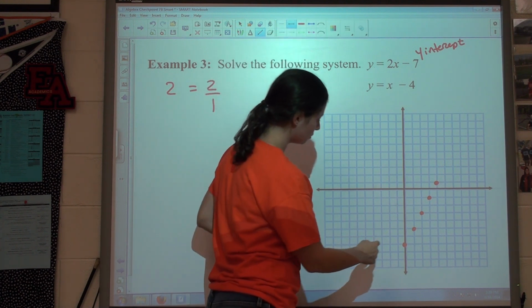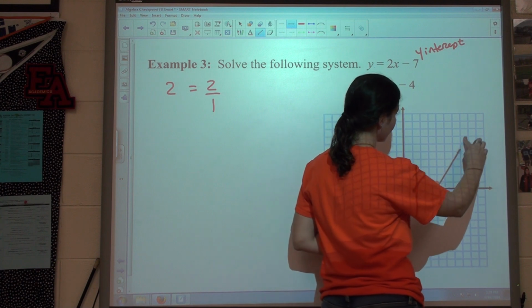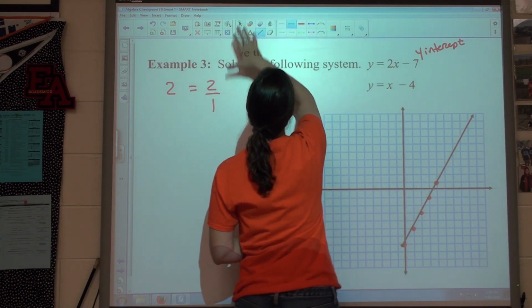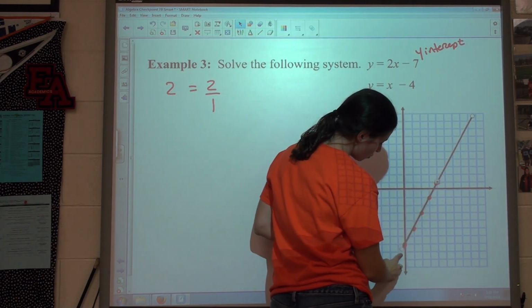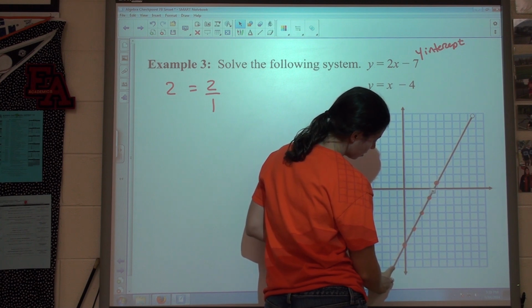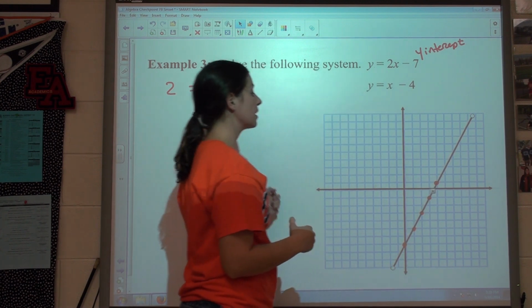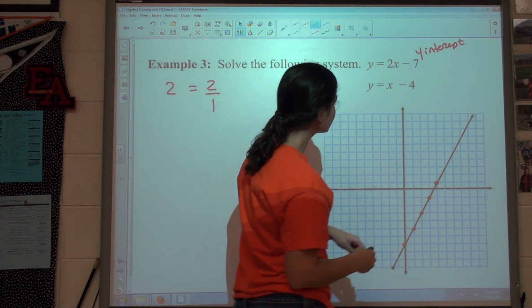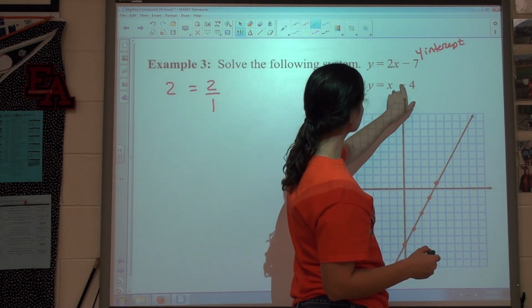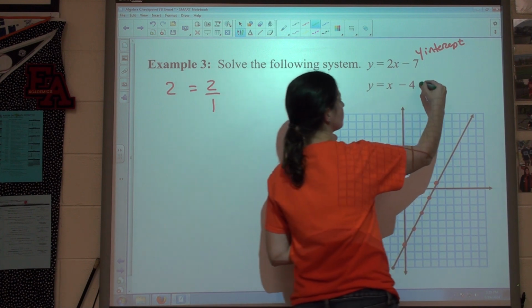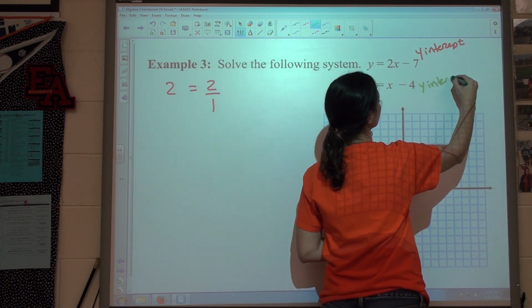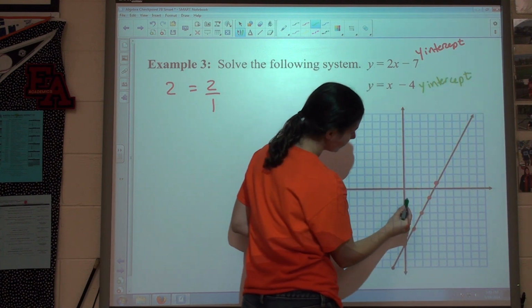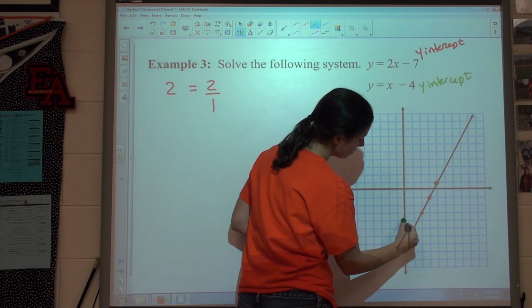So I always like to do several points just to make sure my lines are really straight. The big key with graphing is you want to make sure that your lines are really well drawn, because then it's going to make the intersection point really obvious. Now for my second equation, I have y equals x minus 4. So my y-intercept this time is at negative 4. So I'm going to start here at 1, 2, 3, 4.